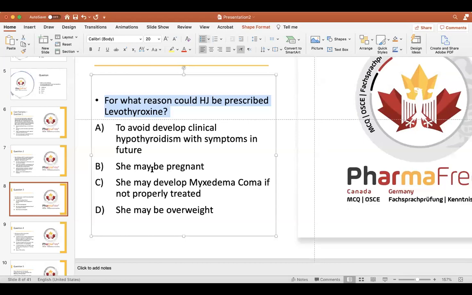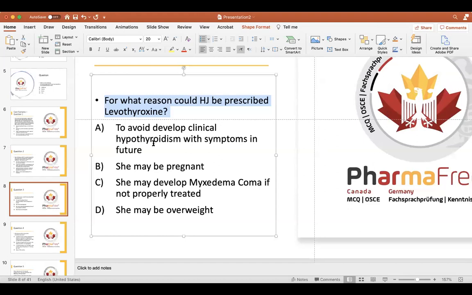Yes, but there is more, I think. I just don't remember from the hyper lecture. Pregnancy, dyslipidemia. Yes, if the TSH is more than 10. If the TSH is more than 10. Yes.